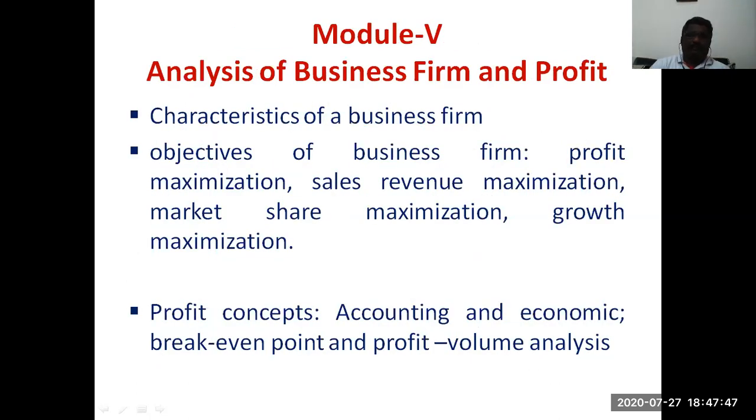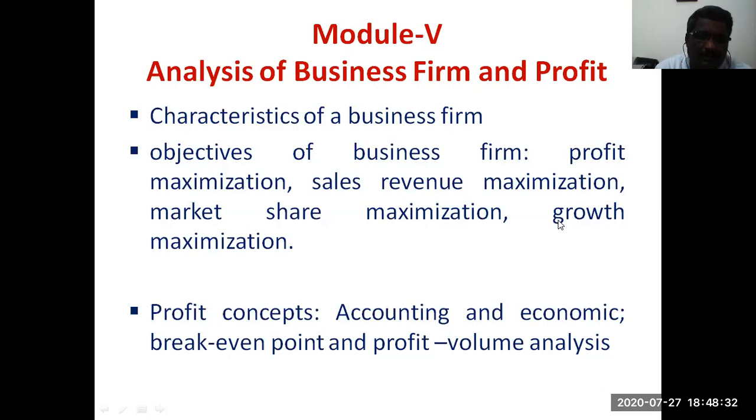So in the last module, the topic is analysis of business firm and profit. We have to know about the business firm and the profit of the business firm. In this module, the topics covered in the syllabus are, first, characteristics of business firm, and next, objectives of business firm: profit maximization, sales revenue maximization, market share maximization, and growth maximization.